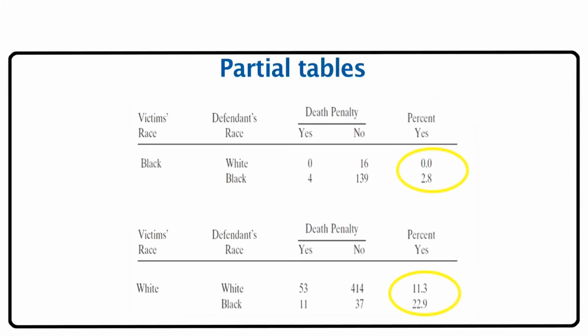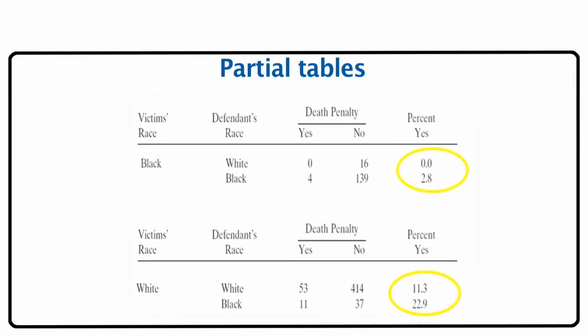If we look at the second partial table, for the case where the victim is white, we see that if the defendant is white, then in 11% of the cases the death penalty was awarded, whereas if the defendant is black, then in 22.9% of the cases the death penalty was awarded.